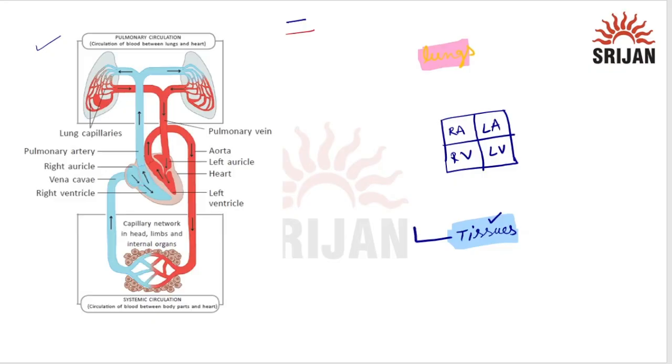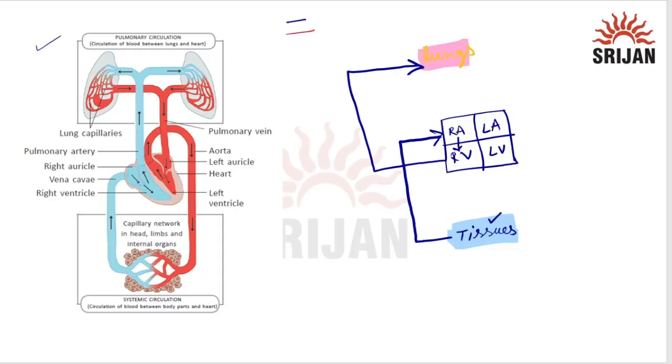So what happens? First of all, the blood from the tissues is sent to the right auricle. Then all the blood is collected in the right auricle. From the right auricle, this blood goes to the right ventricle. From this right ventricle, the blood goes for oxygenation to the lungs. Here oxygenation happens in the lungs.